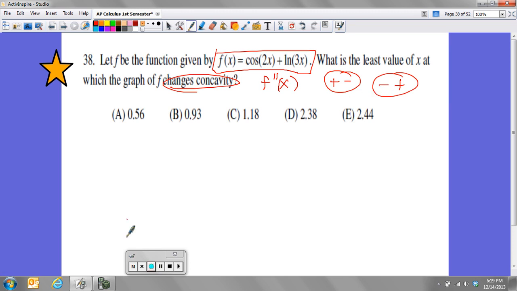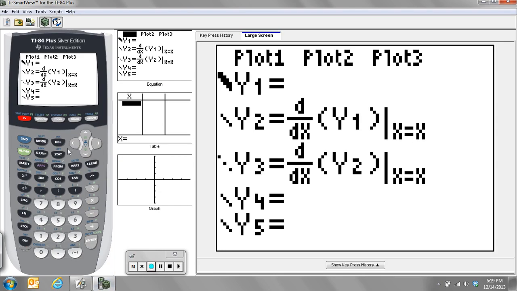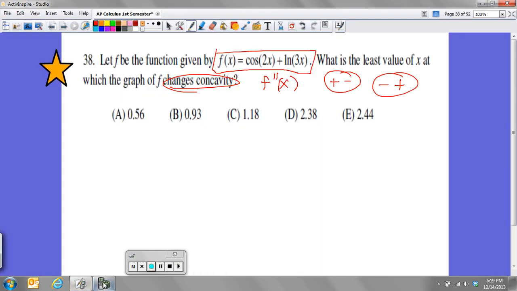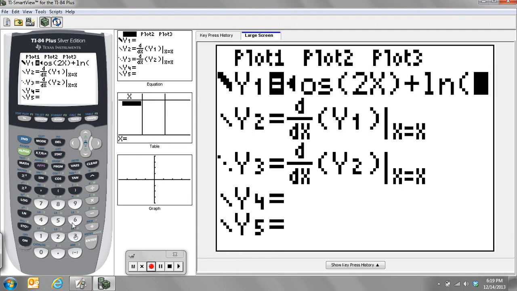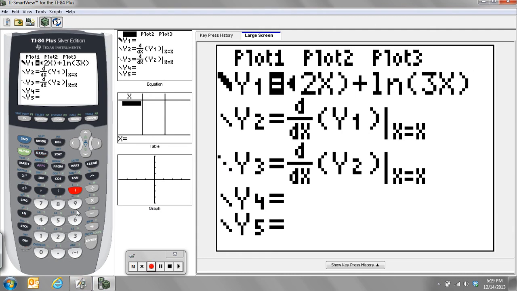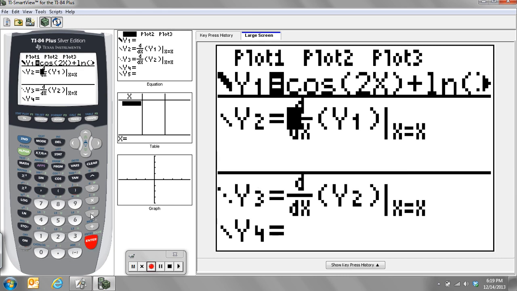Now, if I put this position function into my calculator, it is cosine of 2x, and then we're going to add the natural log of 3x. If I'm looking at this for the concavity, I only need to see the graph of y3.